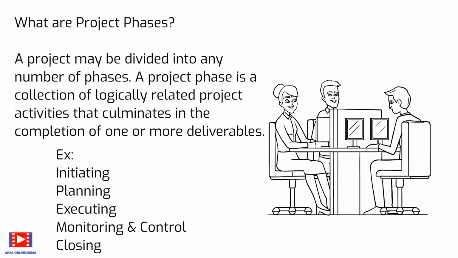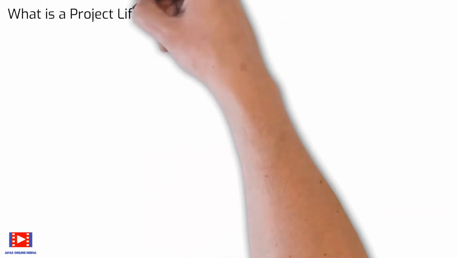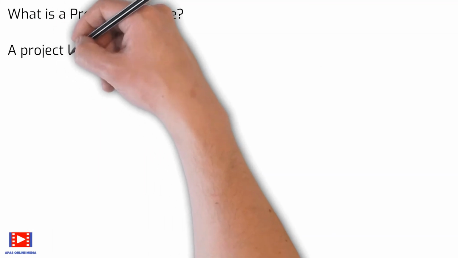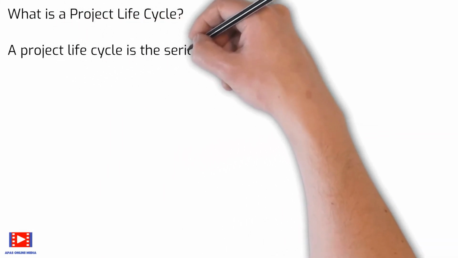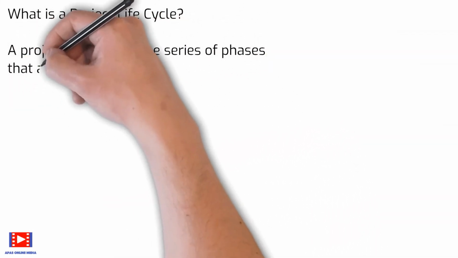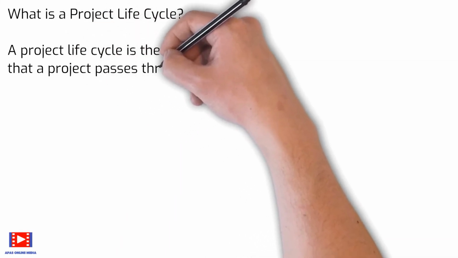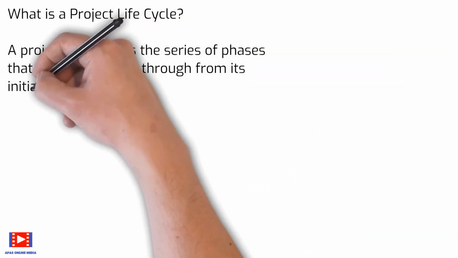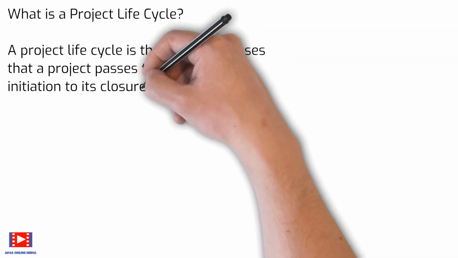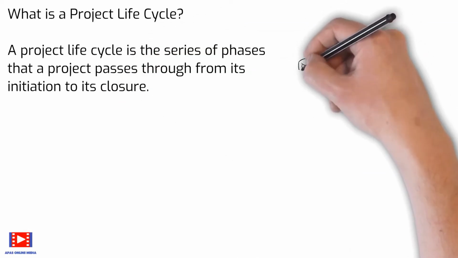What is a project life cycle? A project life cycle is the series of phases that a project passes through from its initiation to its closure.